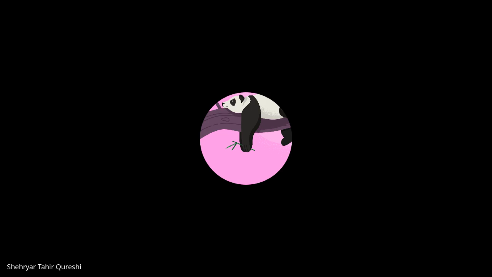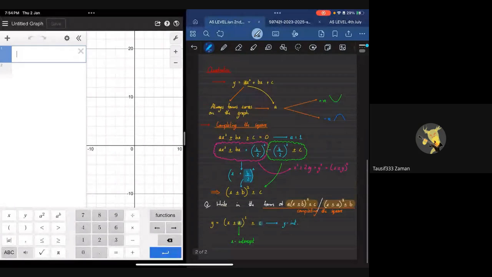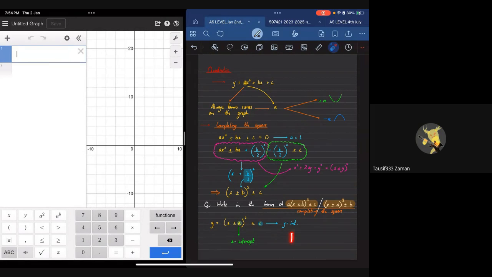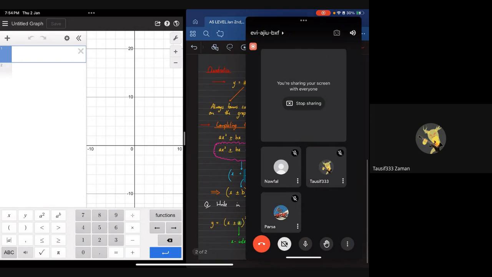This is the app itself. This is known as Desmos. Kindly also download this app because it's going to help us out a lot. Now I'm going to utilize the same.